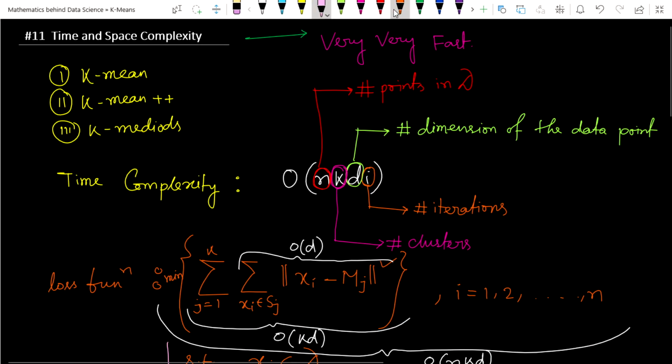First we discussed the k-means algorithm, and we found some drawbacks at the initial stage. To remove the random initialization problem, we used a probabilistic concept to select centroids instead of selecting randomly, and we developed the k-means plus plus algorithm.